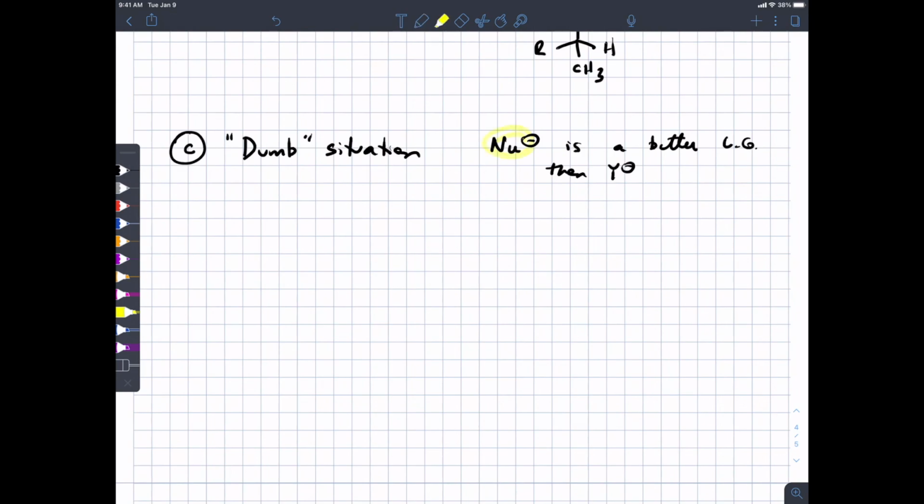So as an example, oops, got our color scheme mixed up. Suppose you wanted to take this ester and react it with Cl minus to give you a tetrahedral intermediate.